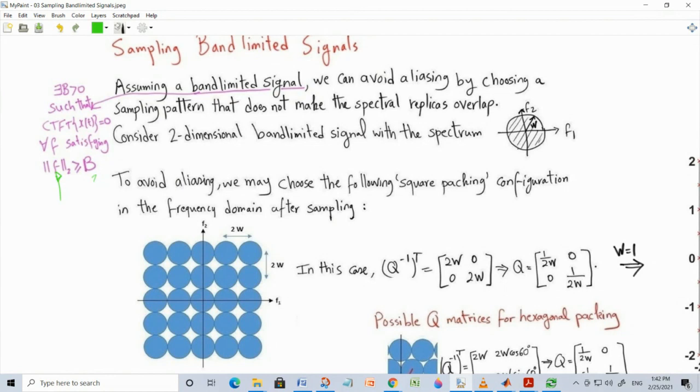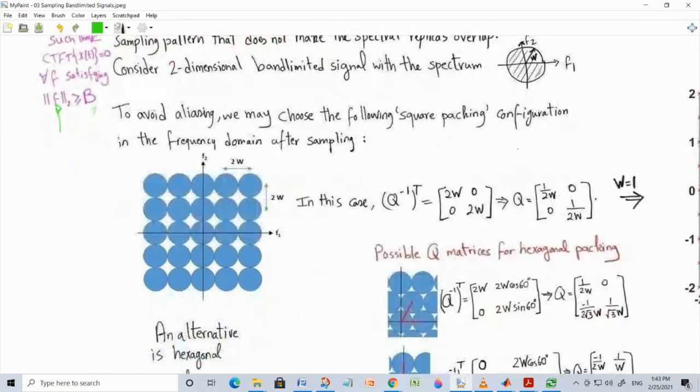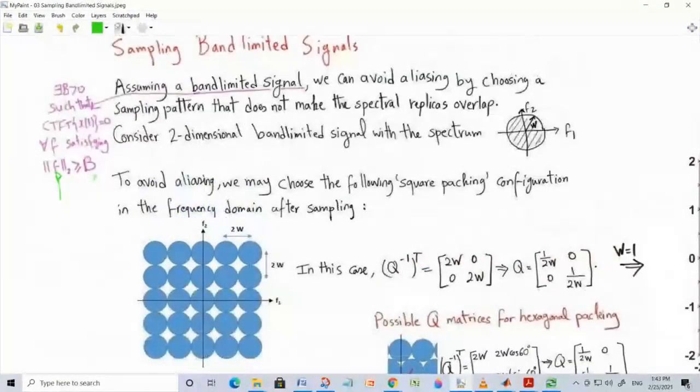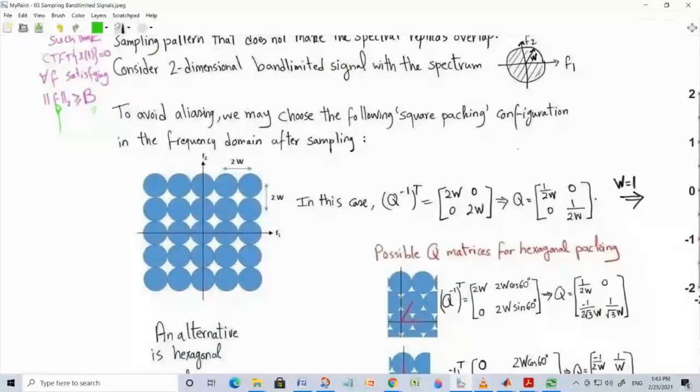Now, the periodization in 1 dimension is straightforward. Basically, the spectrum will be repeated every integer multiple of Fs, which is 1 over Ts. Now, the periodization here will depend on the Q matrix, right? So if your Q matrix is rectangular, then Q inverse transpose is also rectangular.